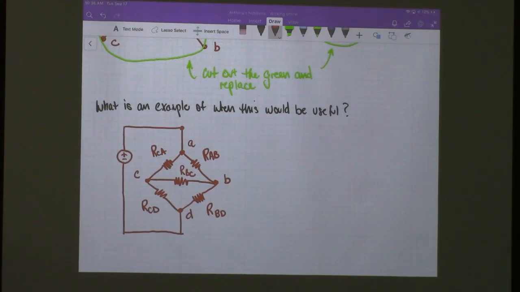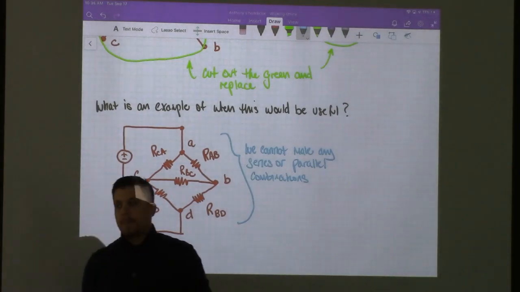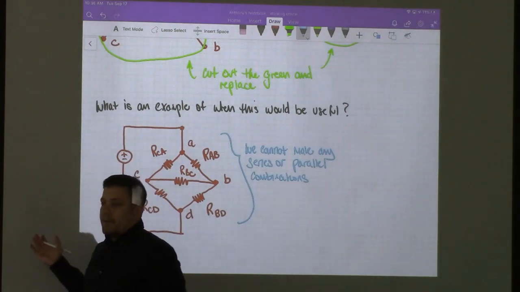So in this area right here, given the methods that we know so far, we wouldn't have any way to solve this.